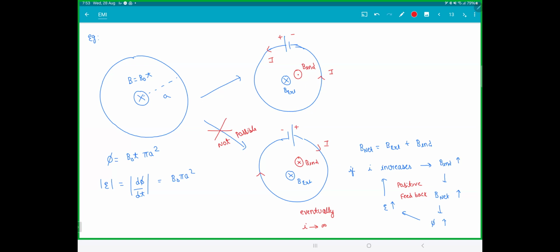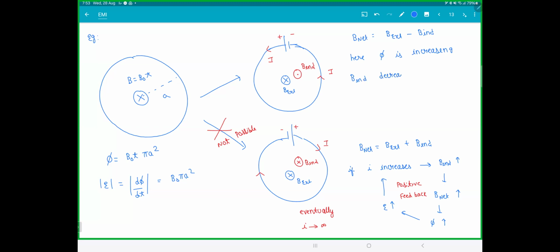So this is wrong. But look at the first part. In the first one, the B net will become B external minus B induced. So here flux is increasing, so I need to decrease it. So here B induced decreases B net.